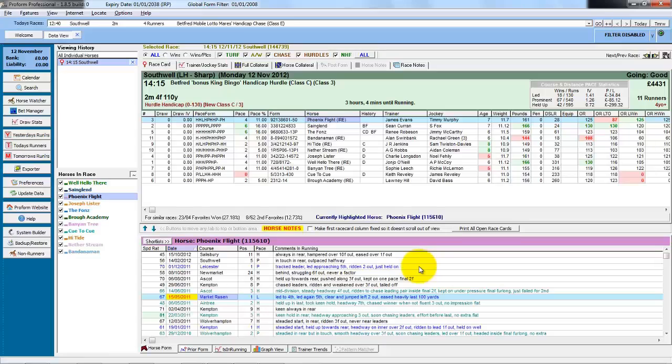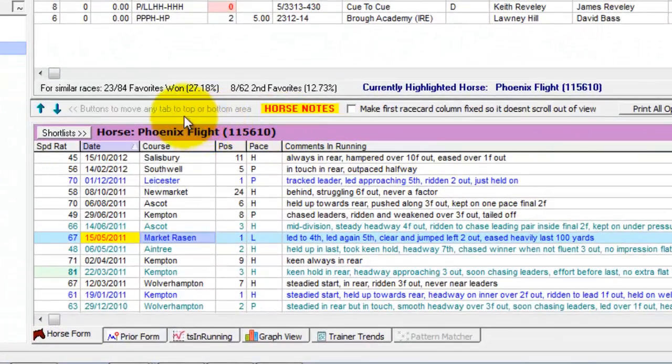We have the form book open and we are looking at the form of a horse called Phoenix Flight. And we can see the pace abbreviations alongside the comments in running. H is for held up and we can see it was always in rear. P is for prominent and it was in touch. P for prominent, tracked leader.